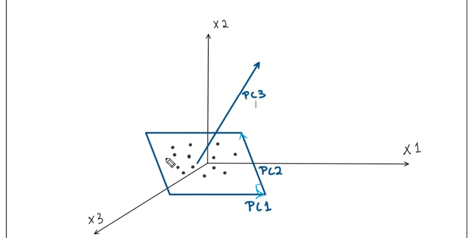This is orthogonal to the first, and hence this becomes our PC2. And the third direction is this one. This is also orthogonal to PC1 and PC2. The maximum number of principal components that we can have in this data is 3, since there are 3 attributes. And since there is either 0 or very low variance around PC3, we can discard principal component 3, and hence our number of dimensions gets reduced to PC1 and PC2.